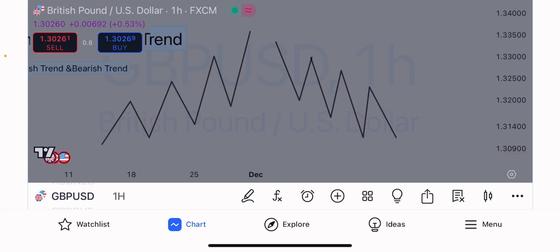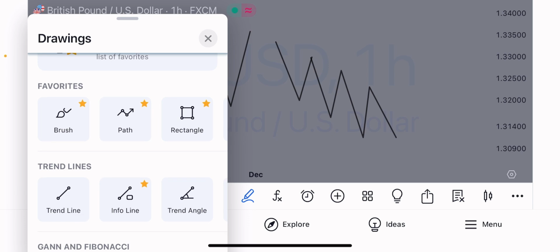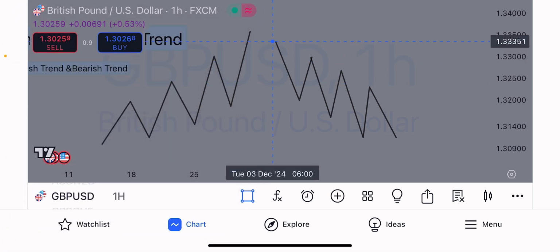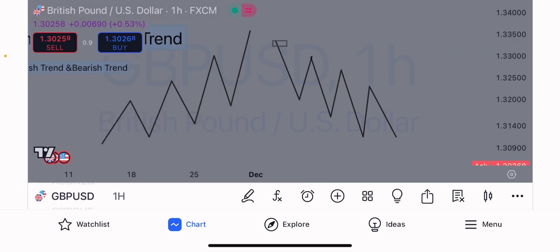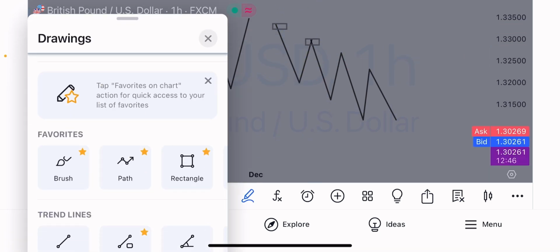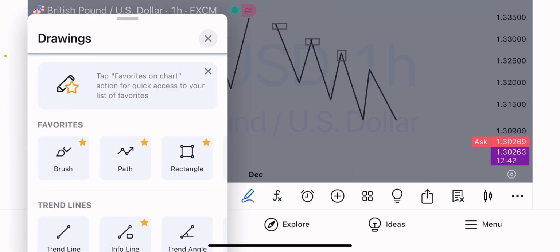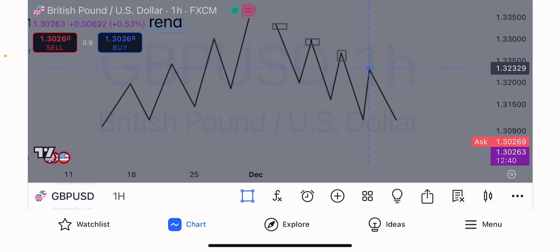So at each point we have our lower high, another lower high, and another lower high.